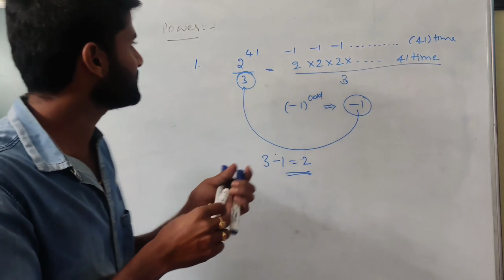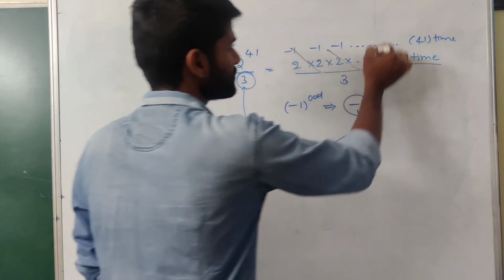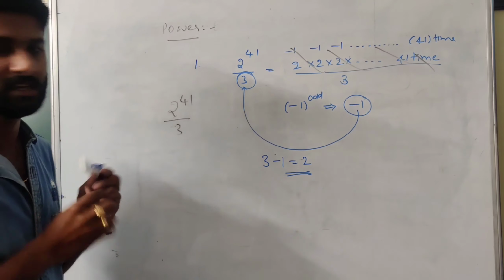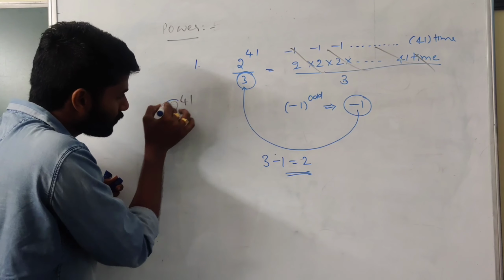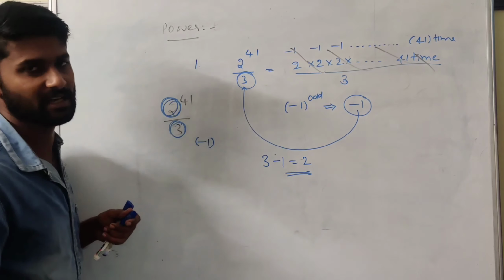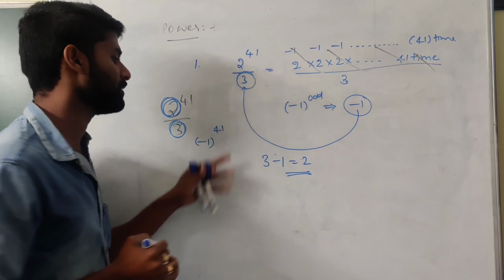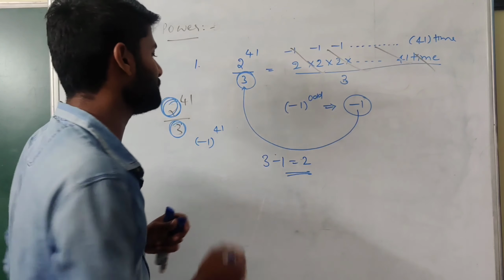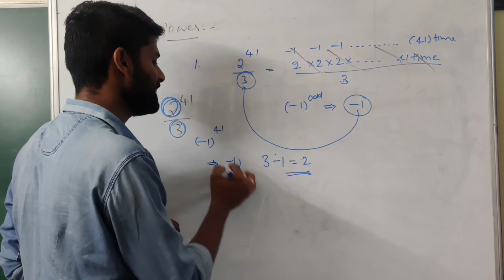For example, don't go through these processes. If the question is given as 2 power 41 divisible by 3, just observe these values only. If 2 divisible by 3, we know that it is minus 1. Minus 1 whole power 41, and 41 can be considered an odd number. Minus 1 whole power odd number gives minus 1.